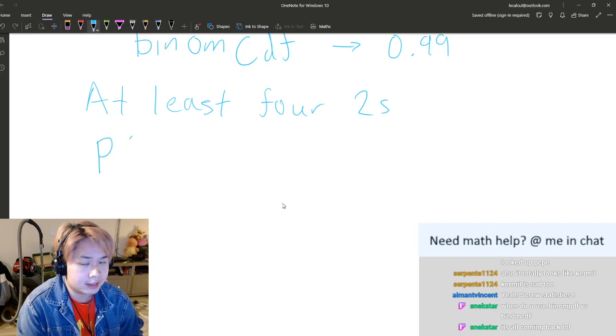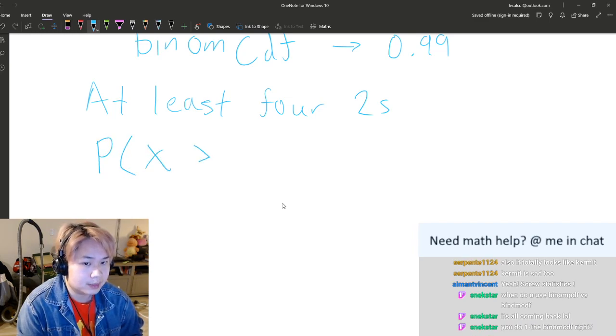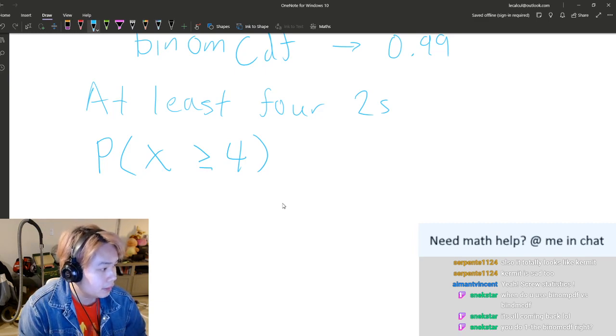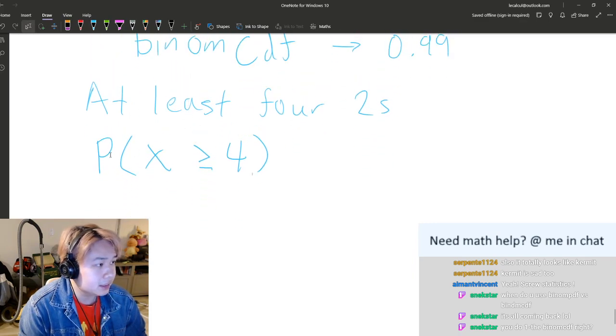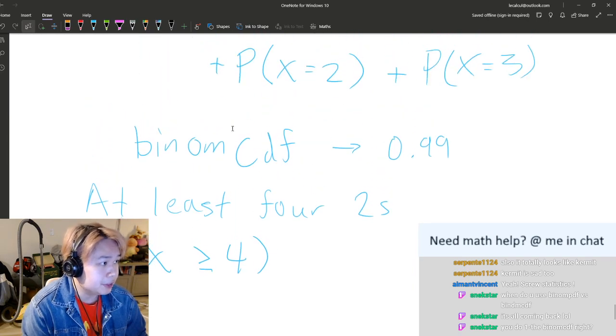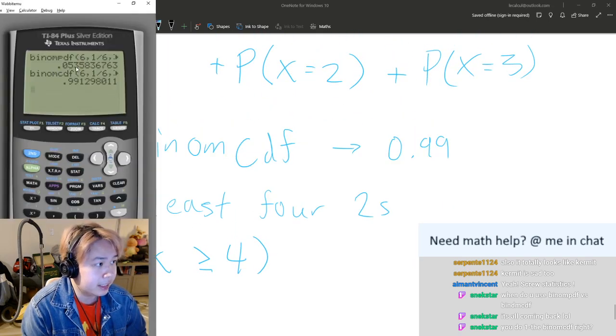If you were to write this in the notation, this means that the minimum value is 4. So in this situation, we have an at least, and notice this is a lower boundary. This is the minimum amount. Binomial CDF calculates things using an upper boundary.